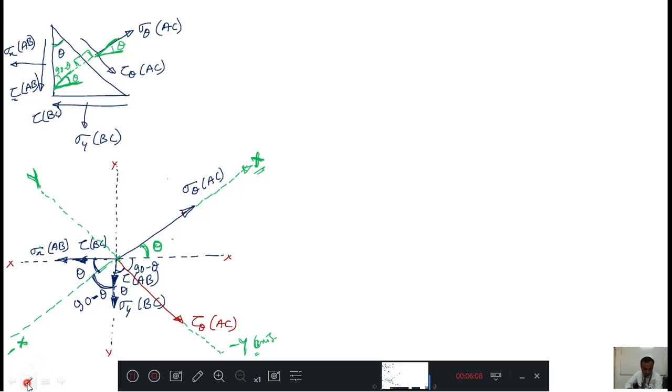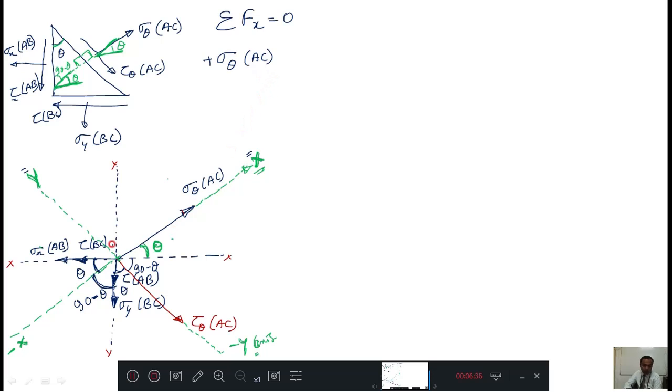Now, considering this x-axis and this y-axis, I will write the equation for summation of Fx equal to 0, which means bring all the forces in the x direction and equate to 0. Take this sigma theta AC, which is already in the positive x direction.